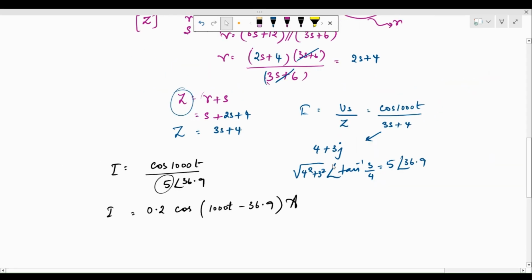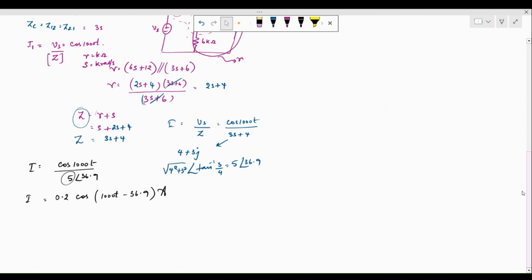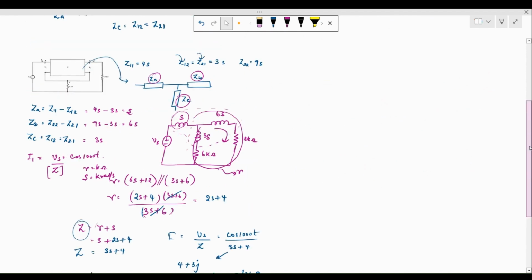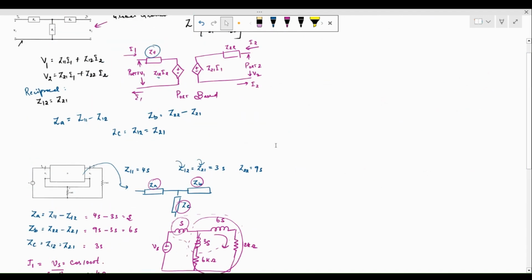In this manner, the first step is to verify that the network is reciprocal, and after that we can represent that particular network with an equivalent T network. The parameters of the T network can be computed using these expressions which you can see on the left hand side.